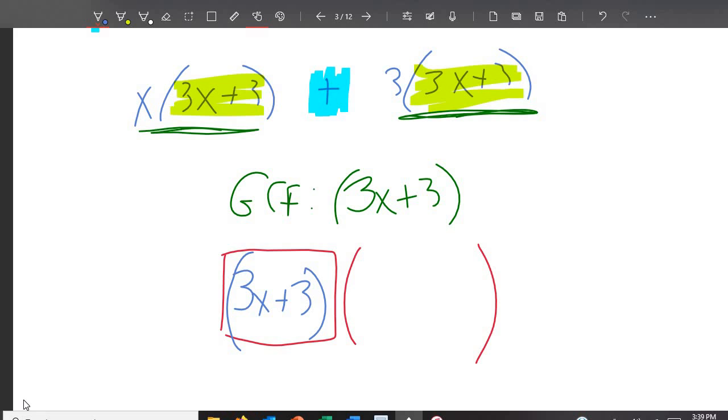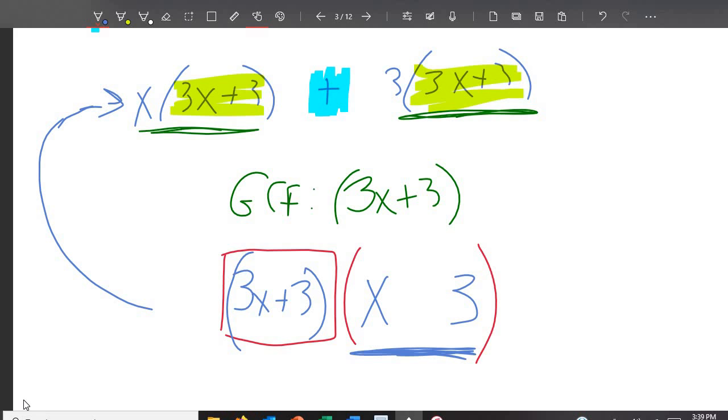Now we've got to figure out what's going to go in the second parentheses. Look back up here. What do I not have highlighted? The x in front of the x plus 3 is not highlighted, so it's going to go in the second parentheses. The 3 in front of the 3x plus 3 is going to go in the second parentheses, and the plus sign in the middle goes in the second parentheses.